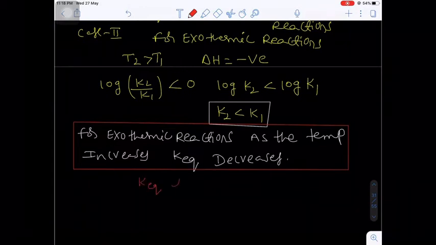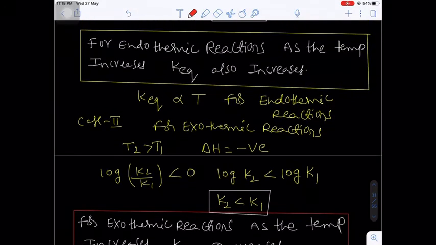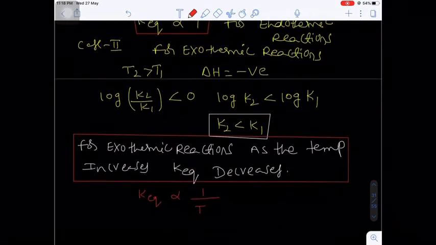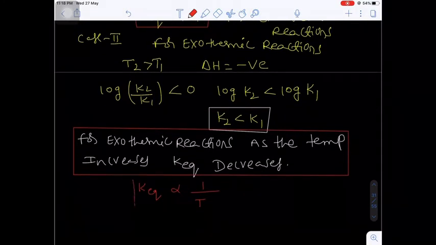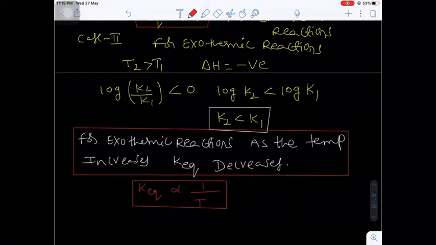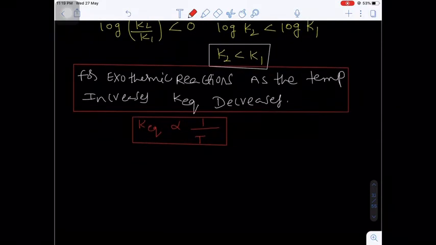Decreases. That means K equilibrium is inversely proportional to temperature. Here K equilibrium is directly proportional to temperature in endothermic reaction. K equilibrium is inversely proportional to temperature in exothermic reaction. This is a very short notation to remember.